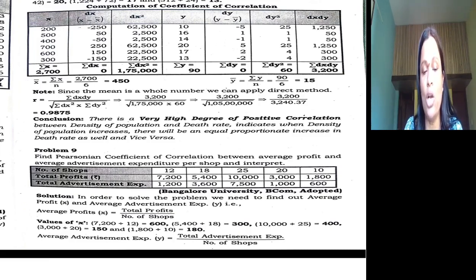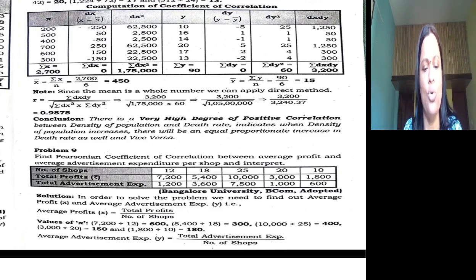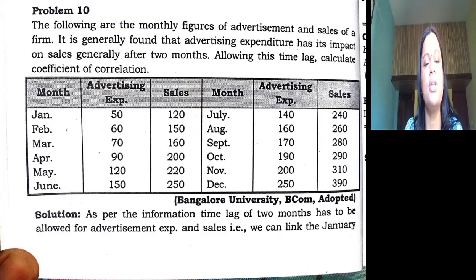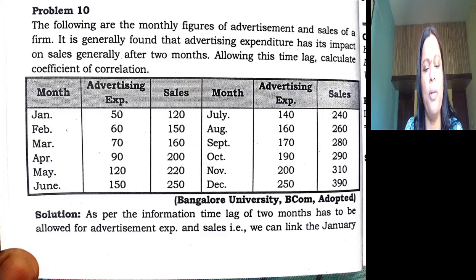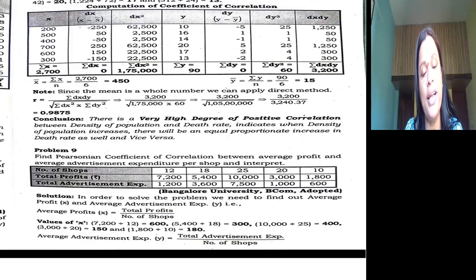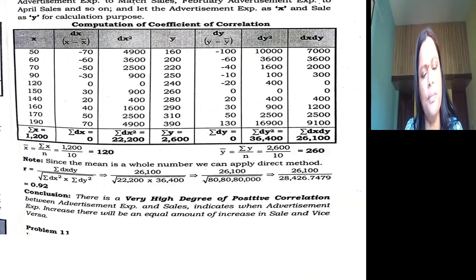So the solution is here only. I think for one or two problems I have not given the solution. That is problem number 9 as per the notes, and problem number 10, I think. Yes, for problem number 9 the solution is not given, and for problem number 10 the solution is given.